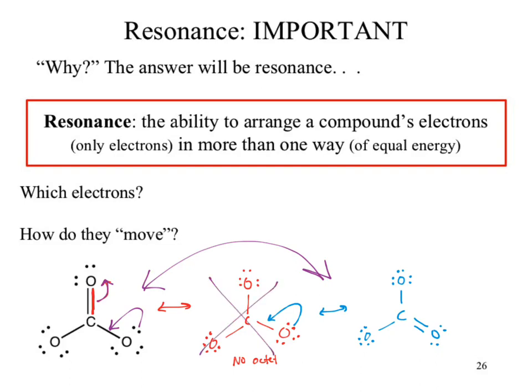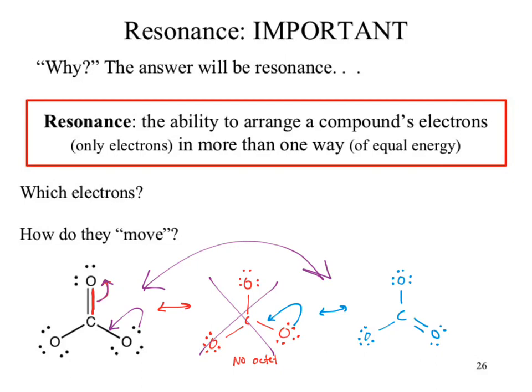I can entirely bypass the middle system. I don't have to go through and show that individual step. And I'm allowed to break it down with those two arrows. You should use the fewest arrows necessary to get to your next resonance structure.